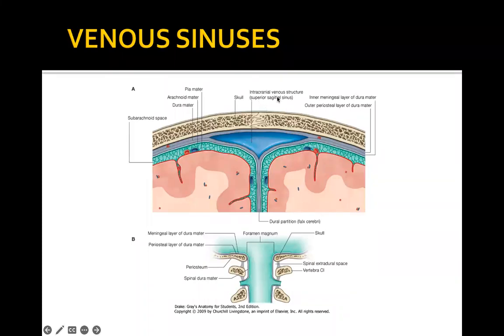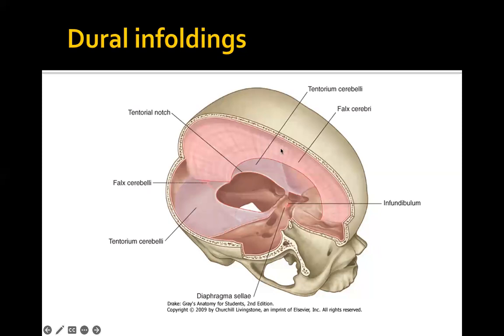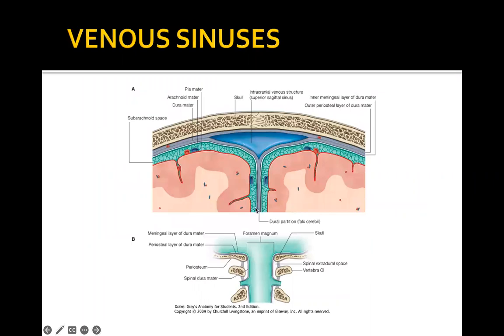So this is the superior sagittal sinus, okay? And you can see that this is separating, so this will be what? The dura infolding that is separating the two hemispheres, which is what? Let's go back. The falx cerebri, okay? So you can see that. All right.